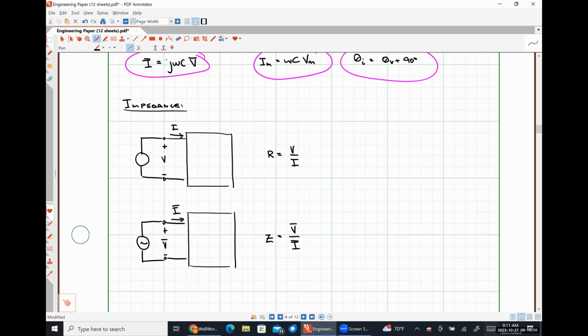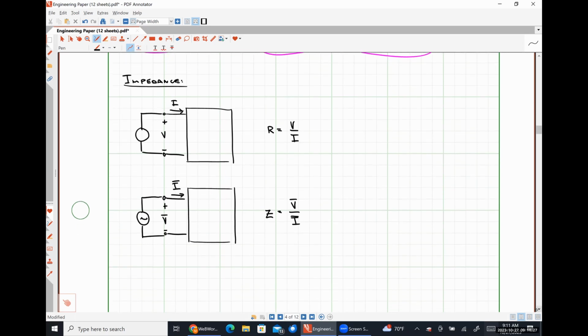So impedance plays the role that resistance did in DC circuits, okay? So impedance is by definition just the ratio of our phasor voltage to our phasor current.